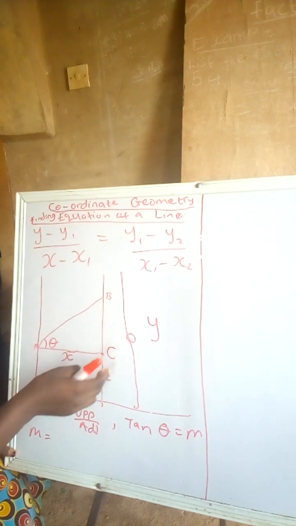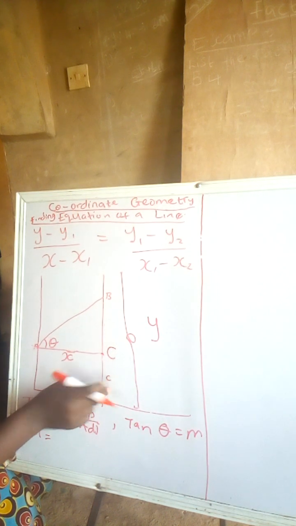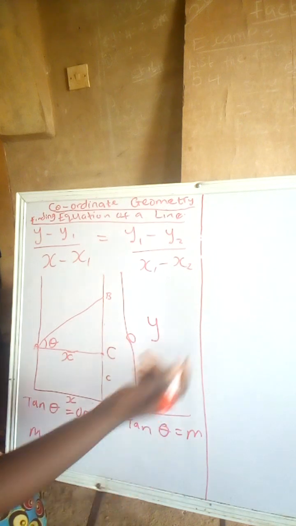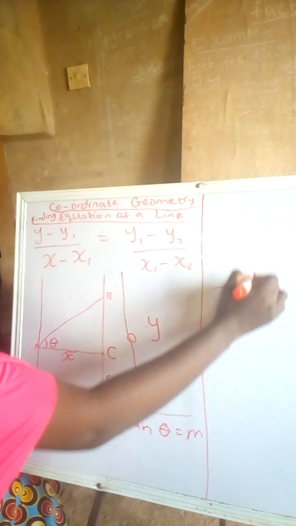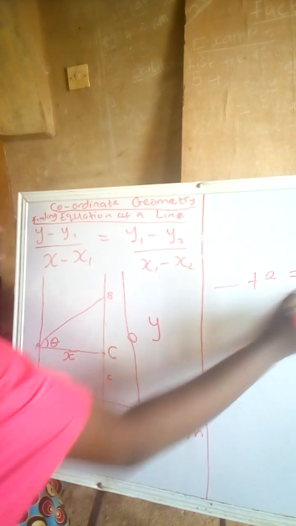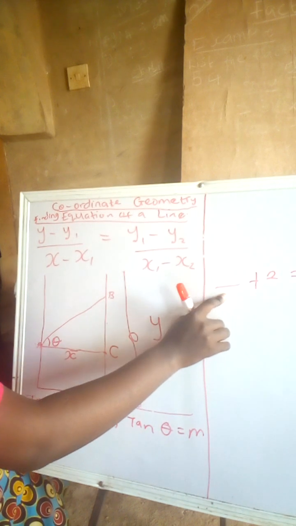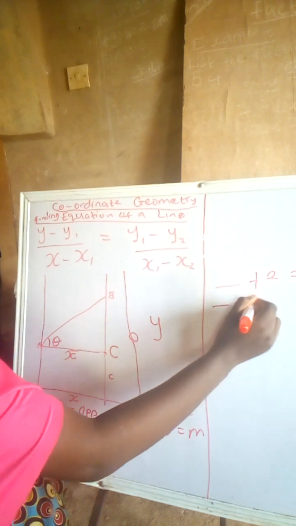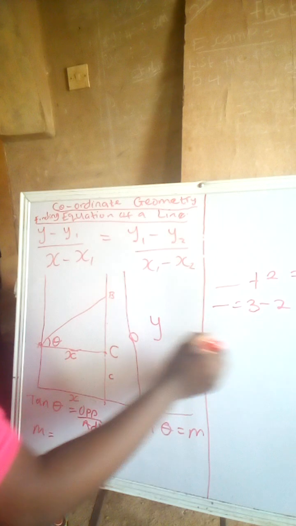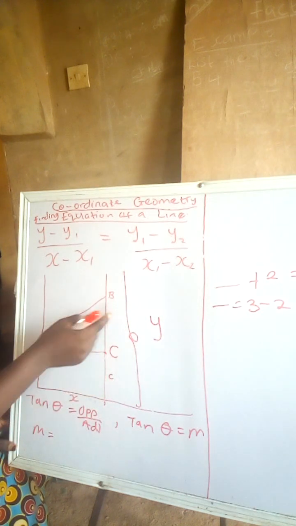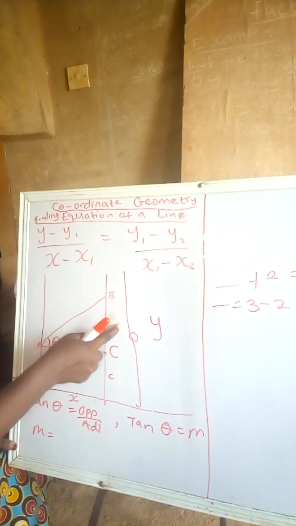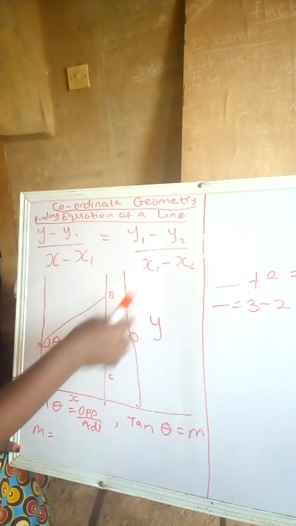So that means if I remove this one from this y, it's just like we are given dash plus 2 equals 3. If I want to look for this dash, automatically the dash will be equal to 3 minus 2. So if I want to look for this place, the answer is going to be y minus this.